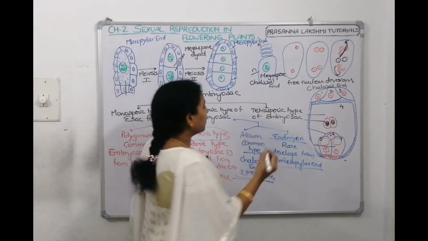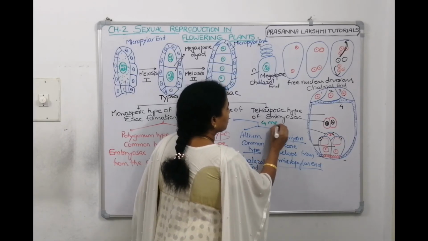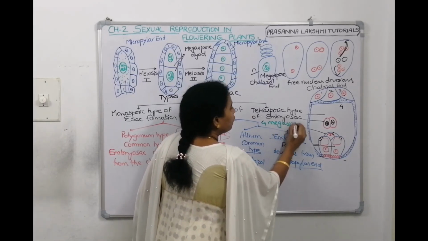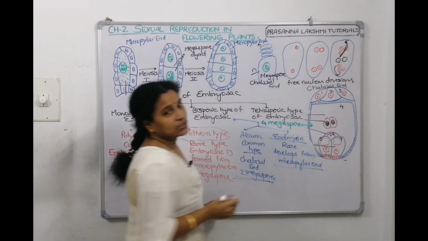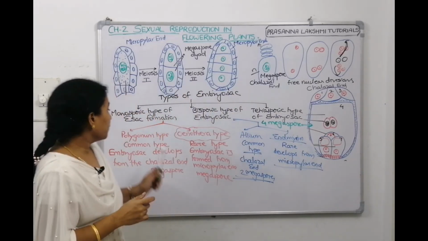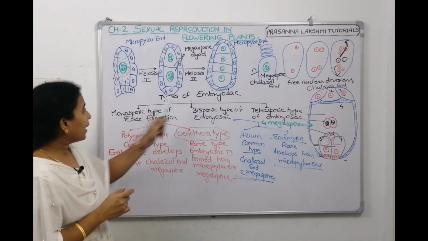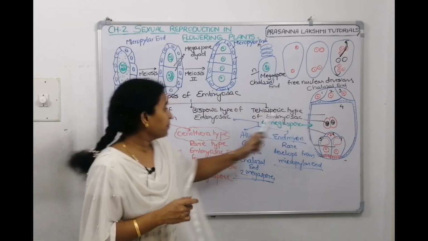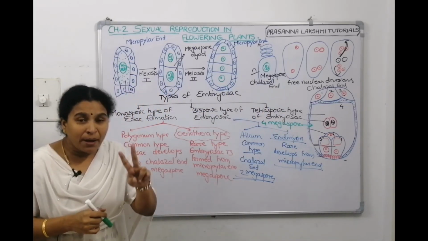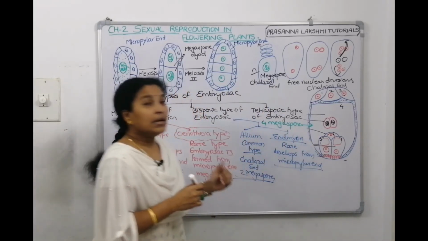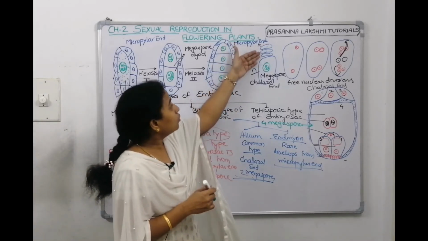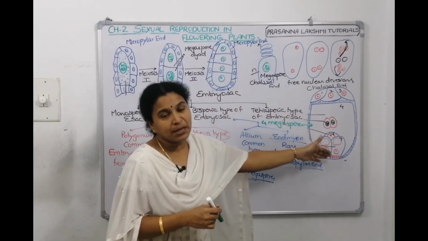So in tetrasporic type, 4 megaspores will form the embryo sac. In monosporic, only one megaspore will form the embryo sac. In bisporic, 2 megaspores will form the embryo sac. In tetrasporic, 4 megaspores will form the embryo sac.